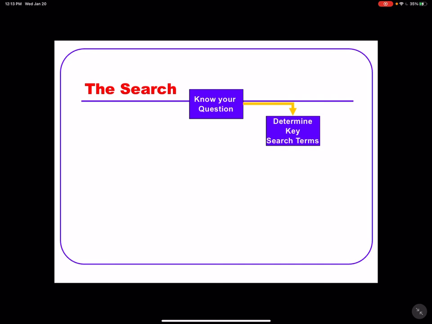So the best thing to do is to find an article that describes it exactly how you and your group are thinking of it, that operationally defines it.